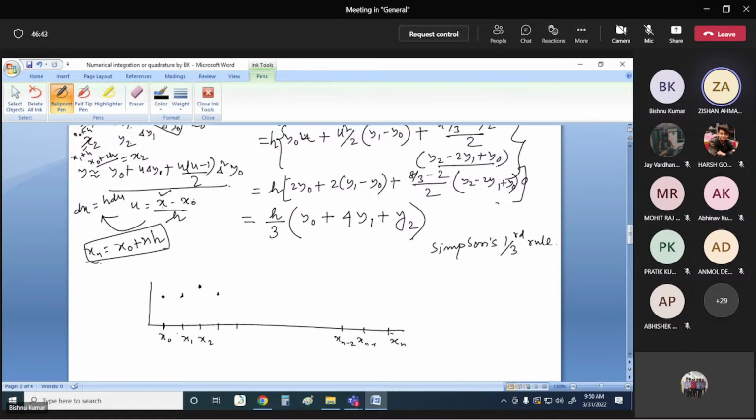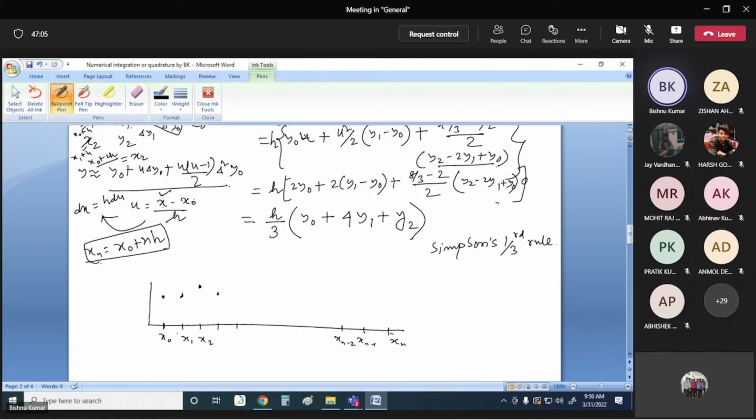Plus, for the next integration, outside h by 3, inside the y ordinates: y2 plus 4 into the in-between ordinate, 4 y3, plus y4.